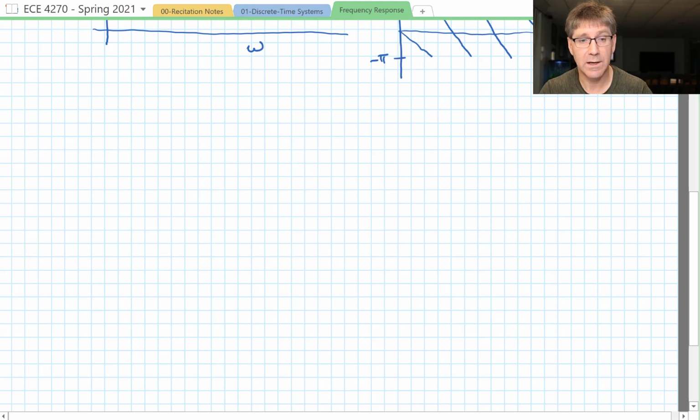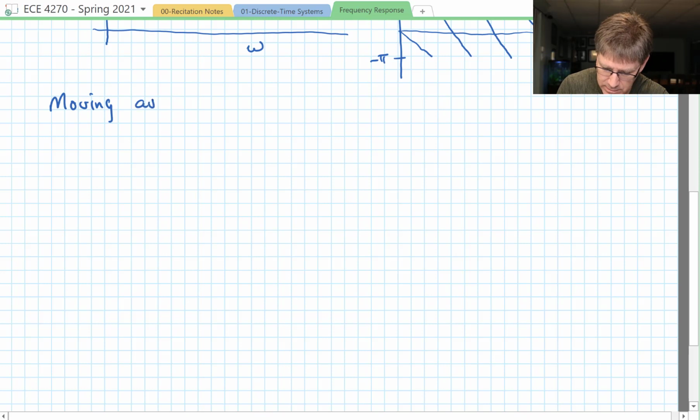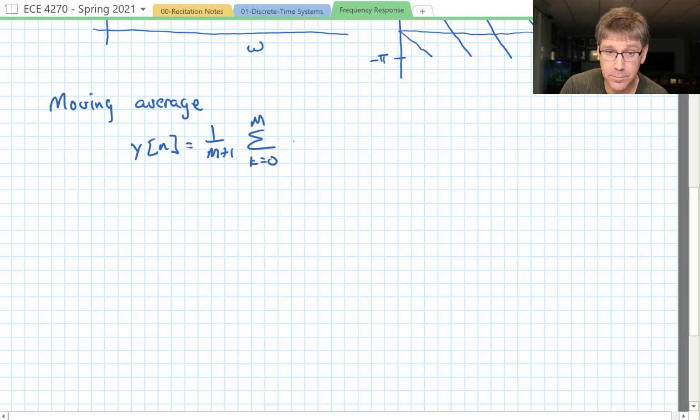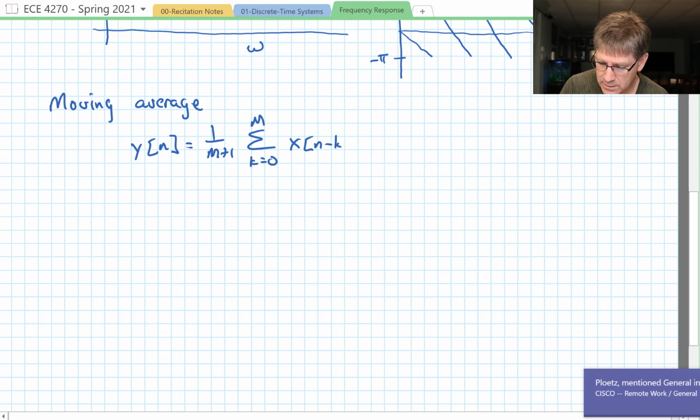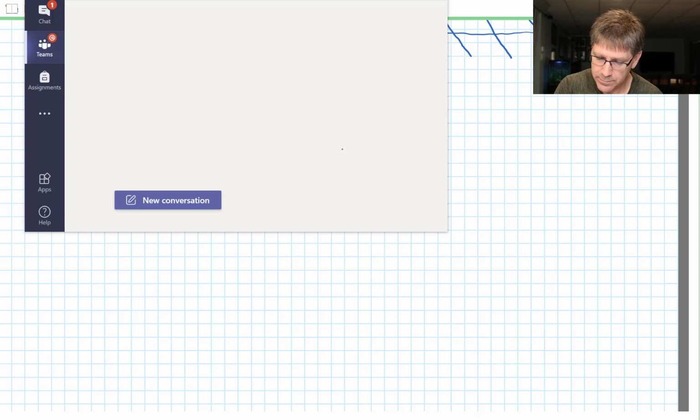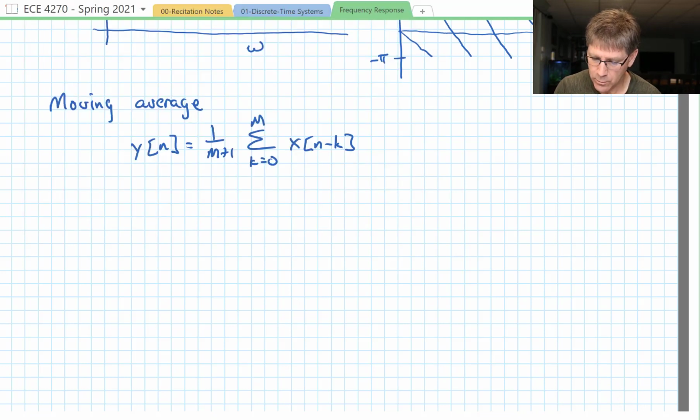One other example I'd like to go through is the moving average. So in this case, we have y of n is equal to 1 over m plus 1 times the sum from k equals 0 to m of x of n minus k. In other words, we are just summing up m plus 1 samples and dividing by m plus 1.